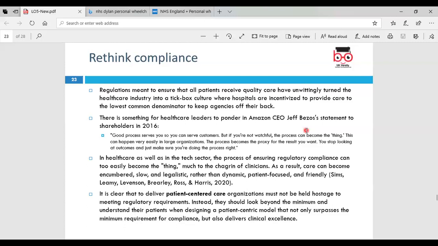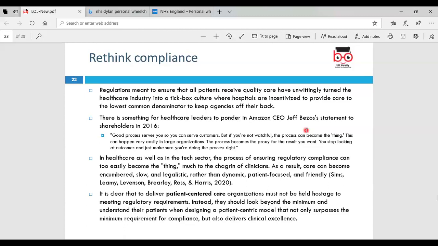So it's an incentive to provide care to the lowest common denominator, to get agencies off their back. So there is something for healthcare leaders to ponder in Amazon CEO Jeff Bezos's statement to stakeholders in 2016. According to him, good process serves you so that you can serve customers.